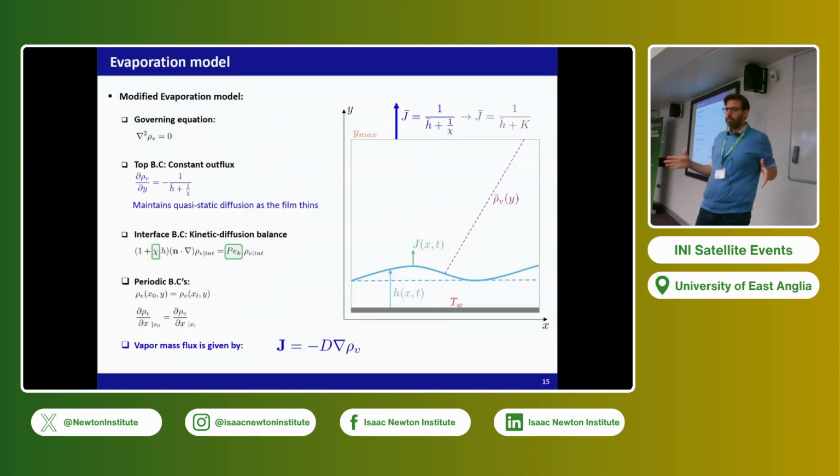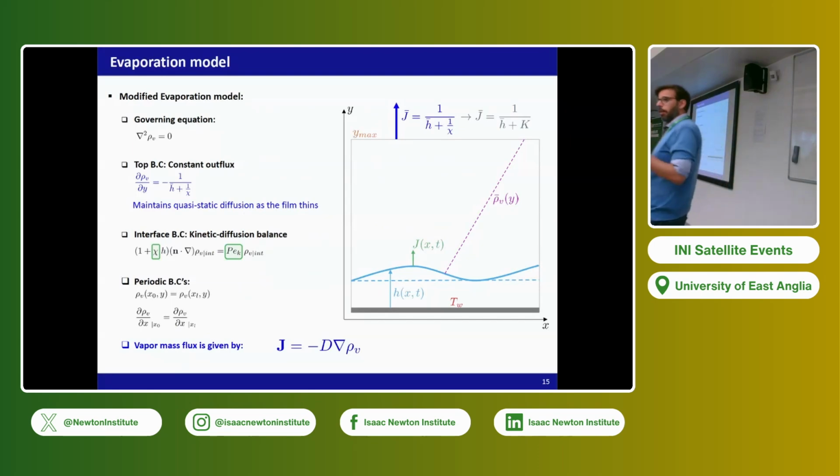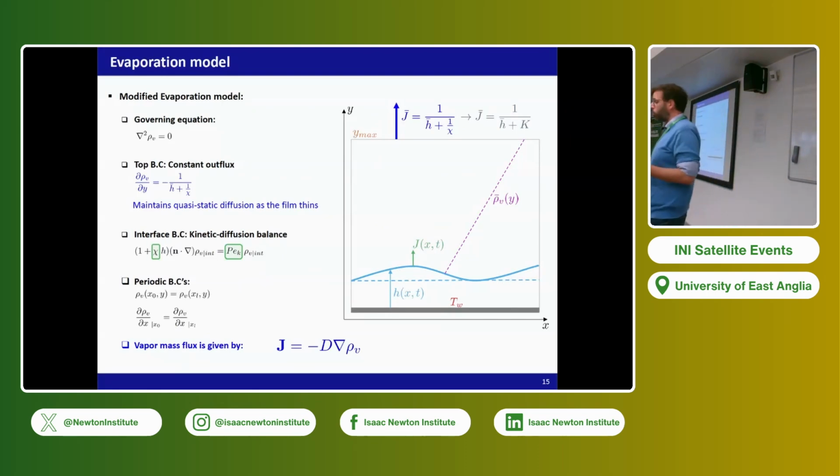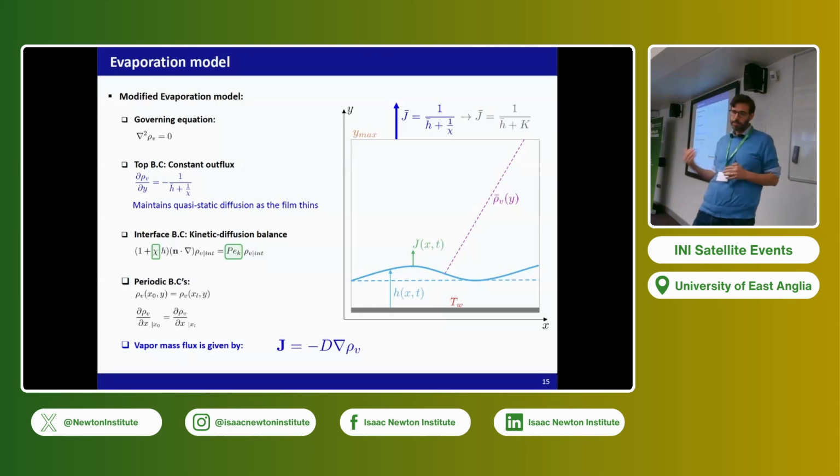So anyway, now we should not solve only for the liquid, we should solve for the gas. In particular, we need to solve for the density of the vapor in the gas. So we should solve the Laplace equation. At the top boundary, we use a constant flux to maintain the quasi-static diffusion as the film thins, okay? At the interface, we use this kinetic diffusion balance, and we obviously need periodic boundary conditions along x.